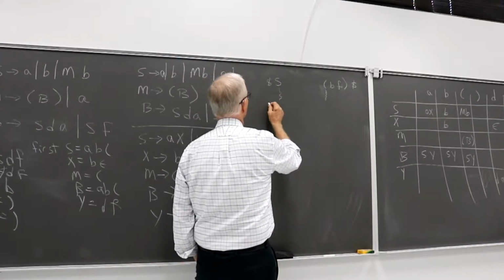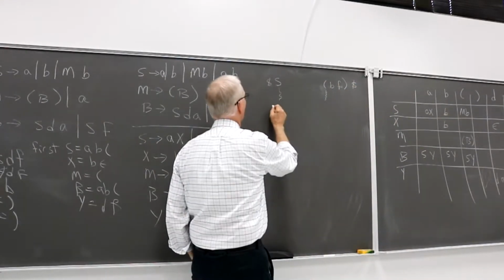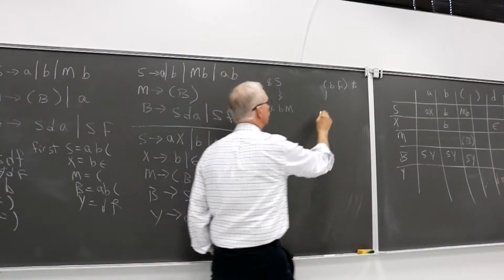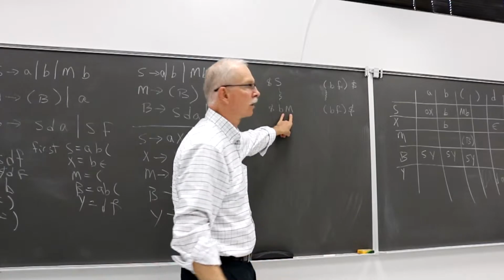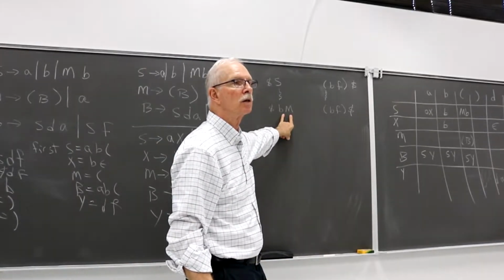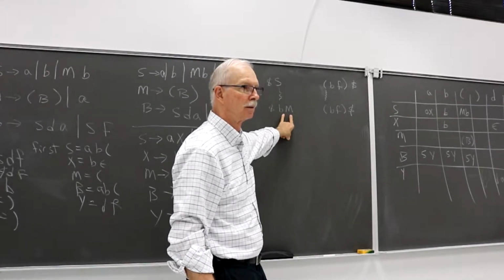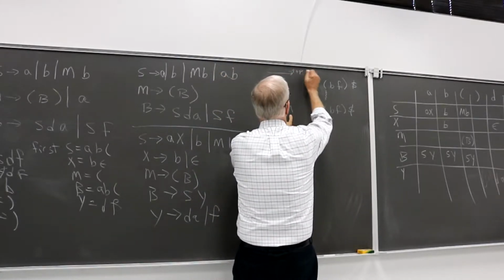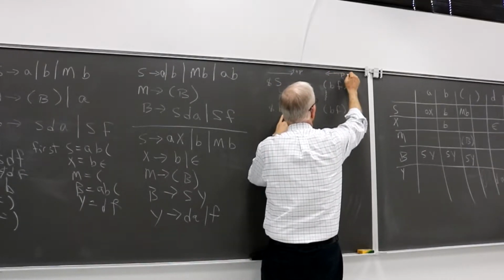But then, when I look and I say S goes to left paren M B, I've got to write dollar B M paren B F paren dollar. And so I actually reverse this because I've got to have the M on the top of the stack since I'm doing a leftmost derivation. And so this is top, and this is input, if you like.